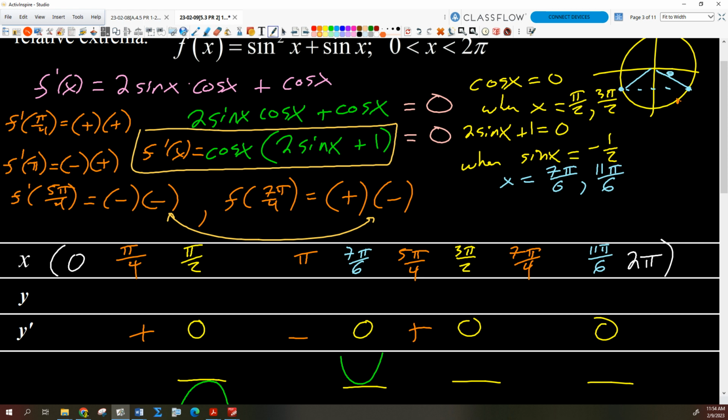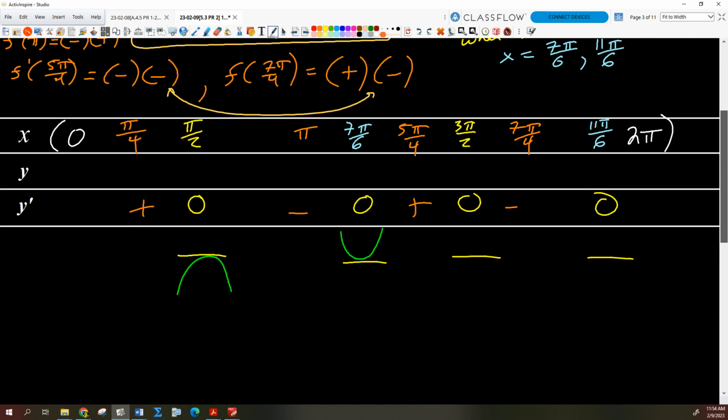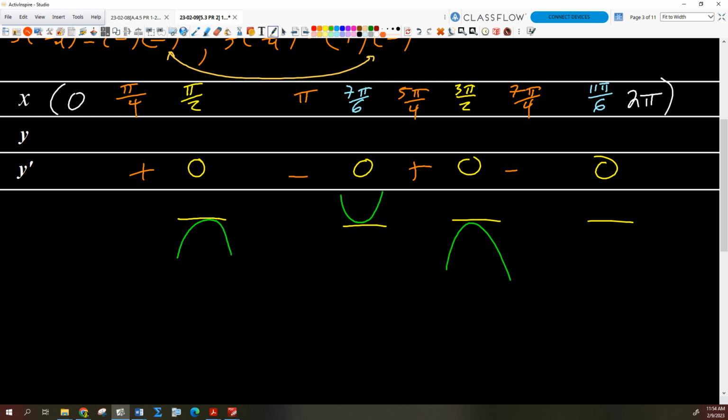You see how useful it is to know the unit circle well? I mean, how it really pays off. It makes this so much easier. So we get negative, which means that this must be a maximum, right?